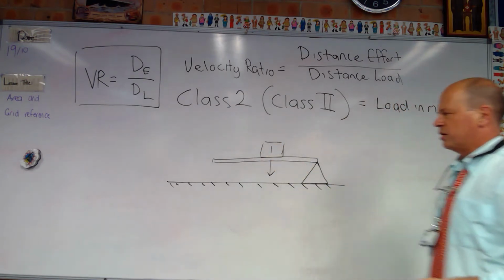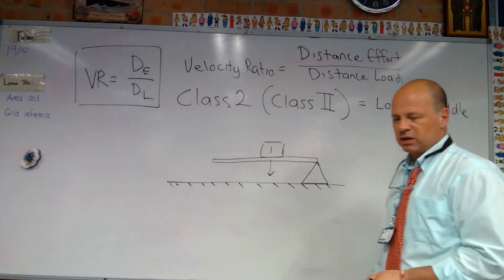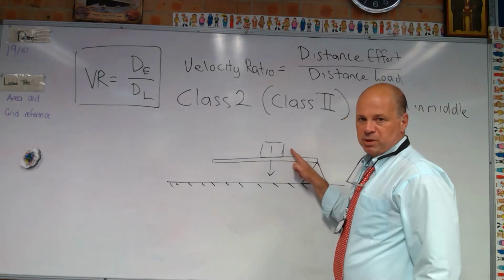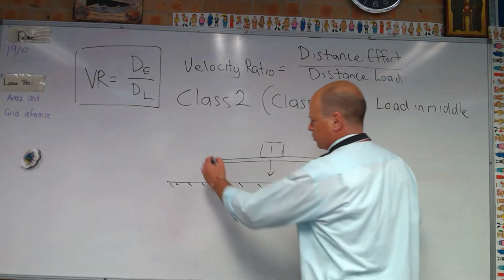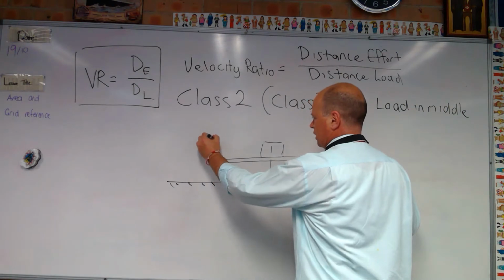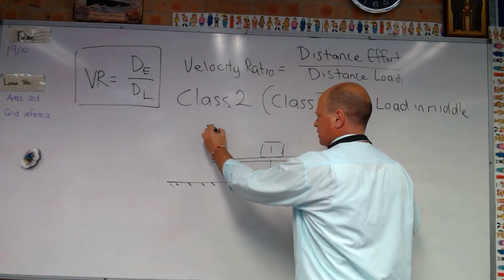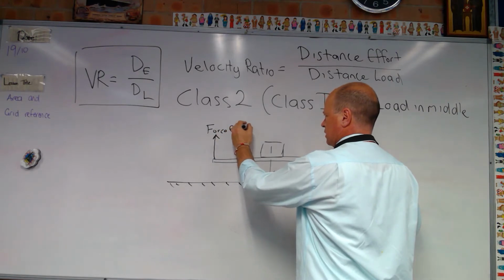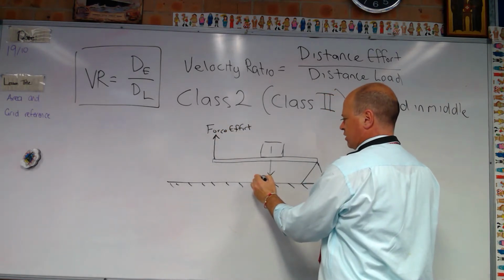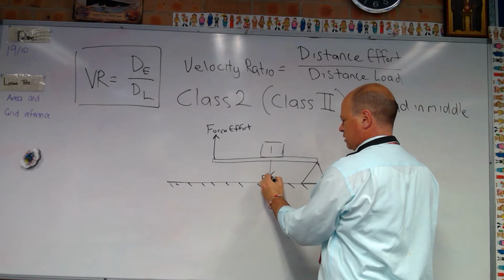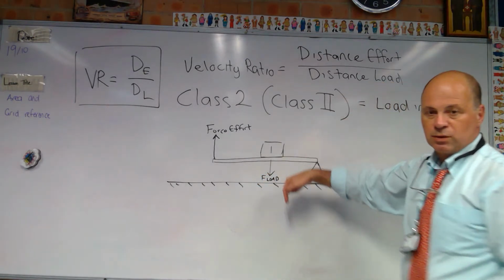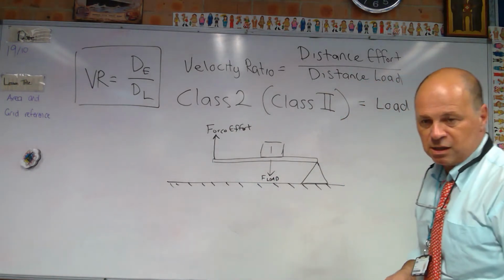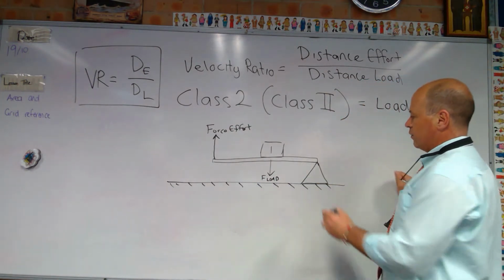So that's the wheel of our wheelbarrow, and that's our load. It might be a big mound of sand or 100 tons of bricks. We're applying our force of effort at this end, and we've got our force of load, F of load, happening down this way, and we have our fulcrum here.